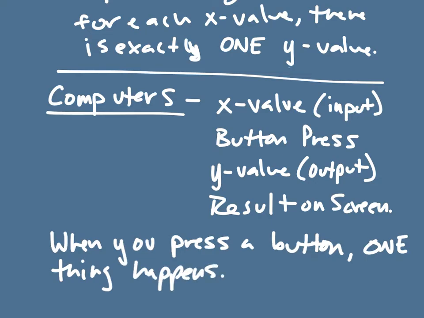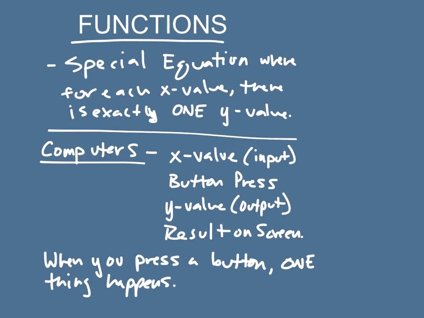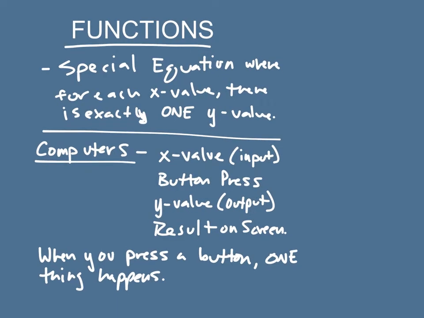If you press the K button, a K pops up on the screen. It doesn't also open Spotify, start playing Pearl Jam, and call your mom. It doesn't do all those things. It just does one thing. So that's the idea, and the application of this is so vast in computers. All of your coding is designated by a function.